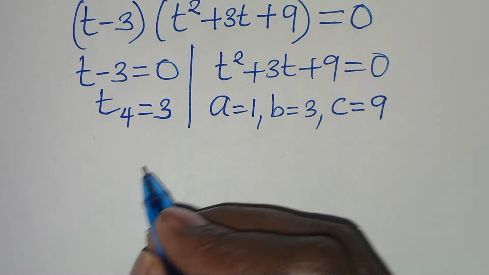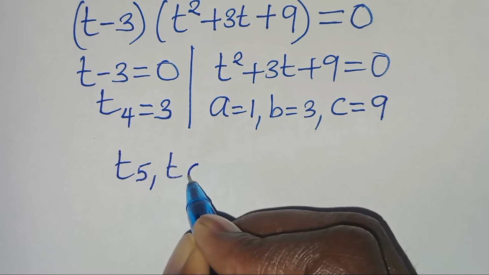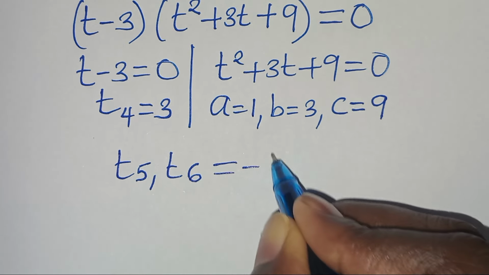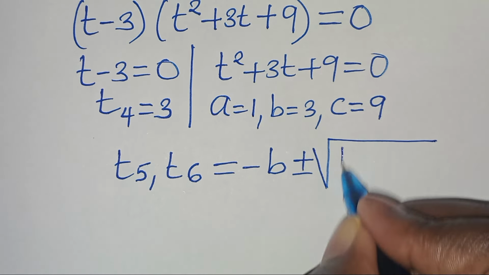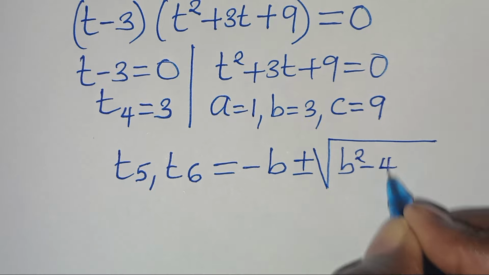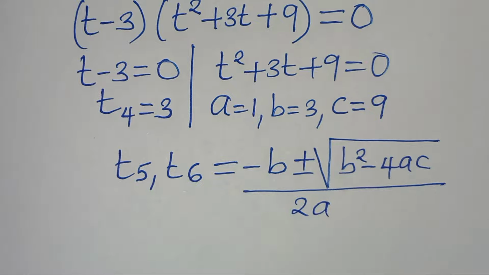So we can solve for t5, t6 by applying the quadratic formula, which is minus b plus or minus the square root of b squared minus 4ac, everything here divided by 2 times a.